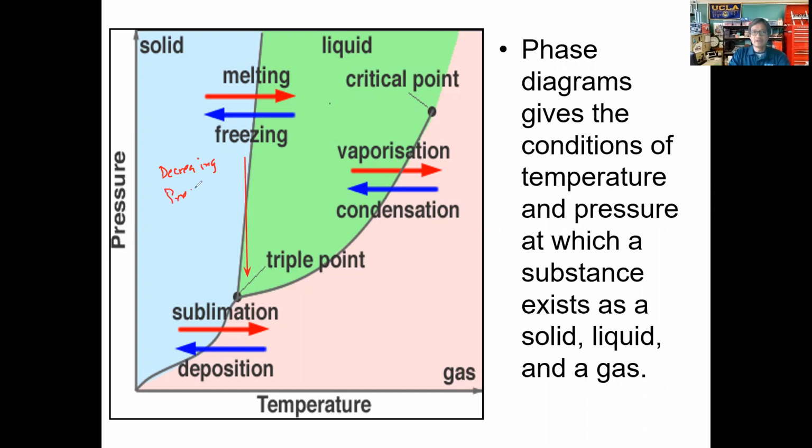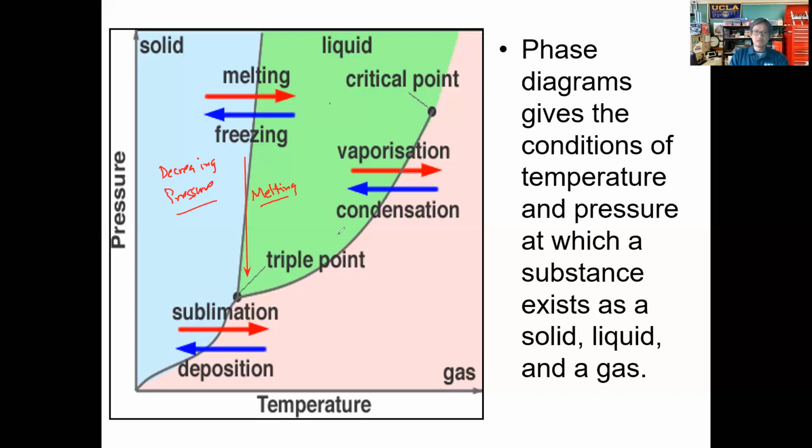And if you notice, as we drop the pressure, we are going from the solid state to the liquid state. We are melting a solid here without changing the temperature. We are causing the melting to occur by decreasing the pressure. So by changing the pressure, we can also cause this phase change to occur.